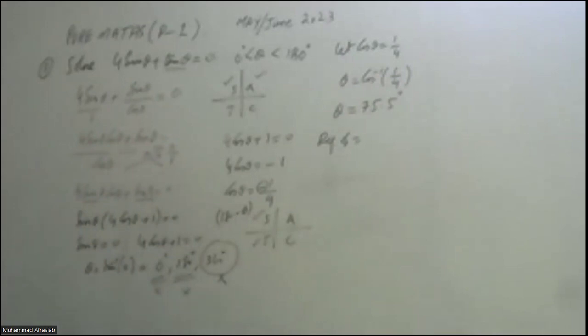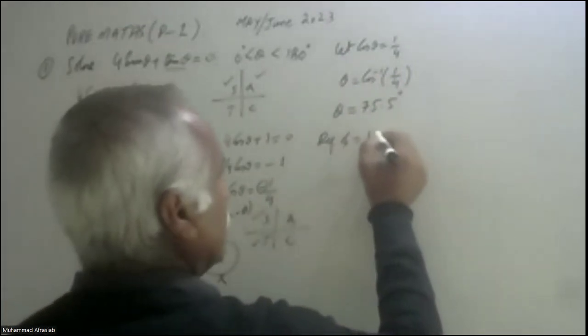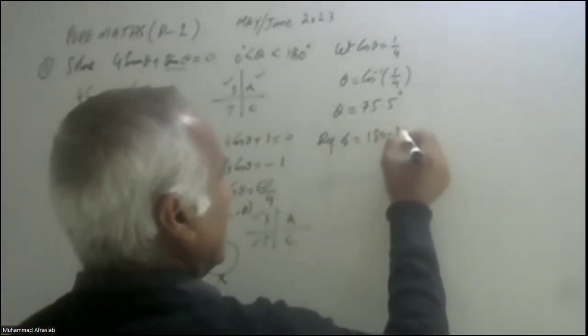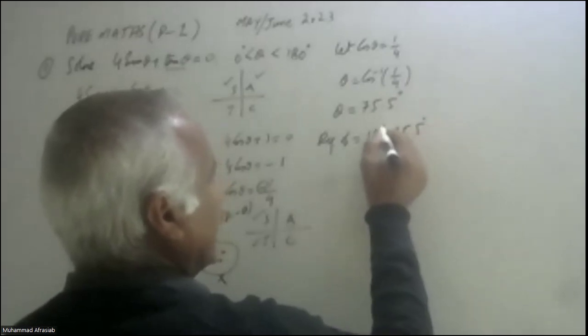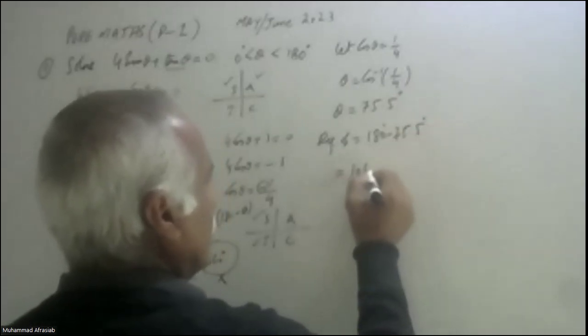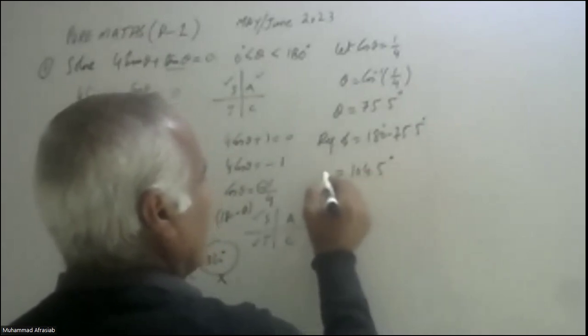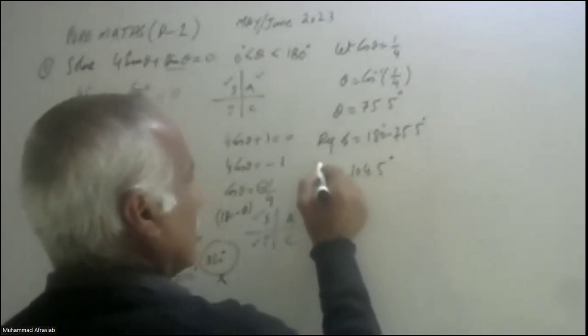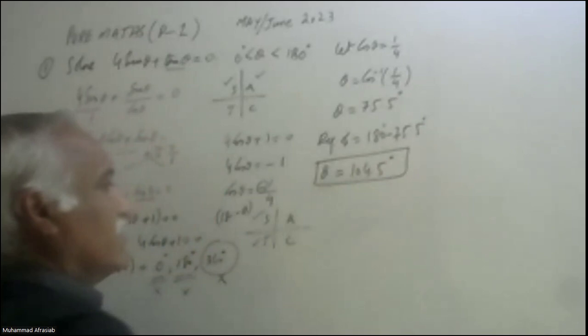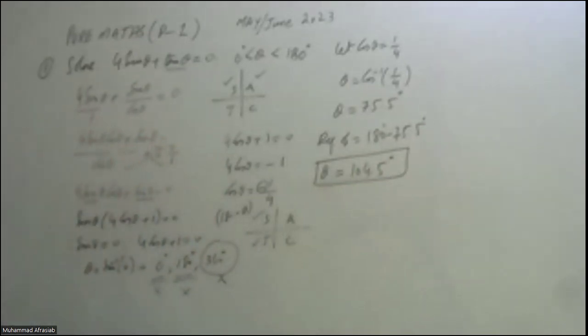So it should be equal to 180 minus 75.5, and that is equal to 104.5 degrees, which is the required angle, and it lies between 0 and 180 degrees.